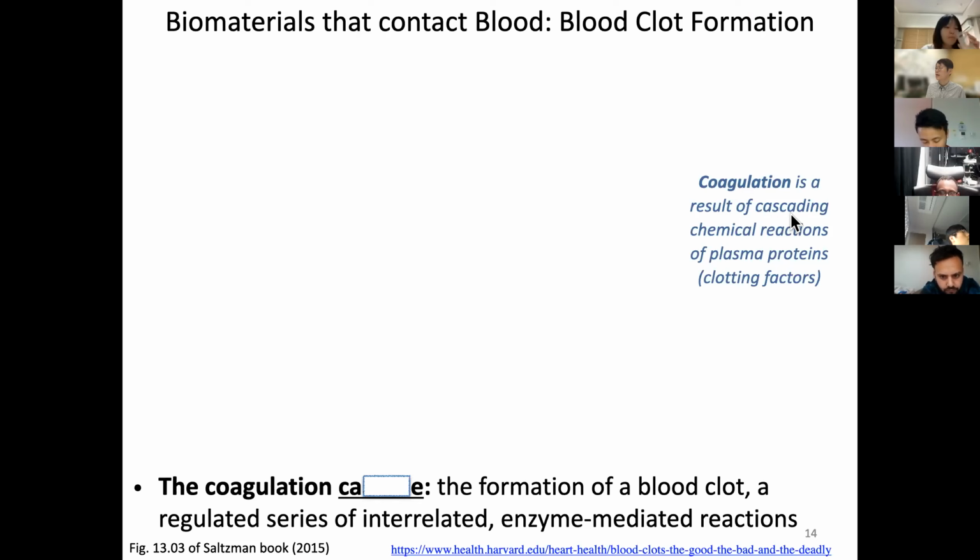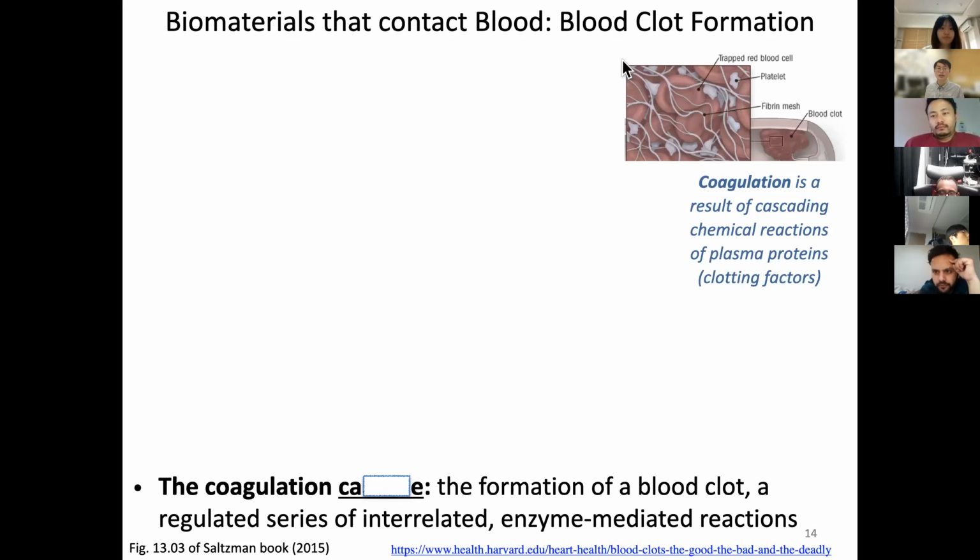Coagulation is the result of cascading chemical reactions of plasma proteins, especially clotting factors. This cartoon demonstrates trapped red blood cells, and you can also see platelets are critical for this. Then there is a fibrin mesh which traps RBCs and forms a blood clot. This process we call coagulation.